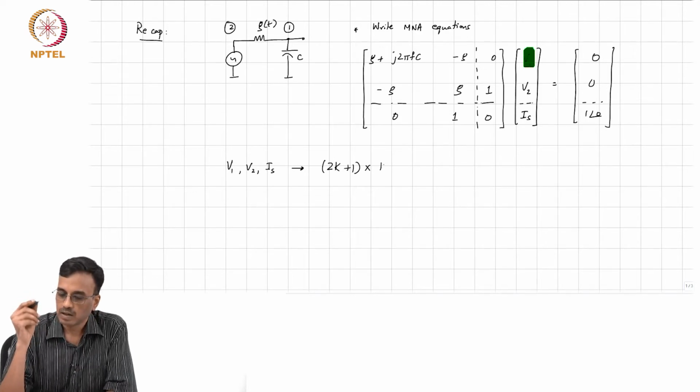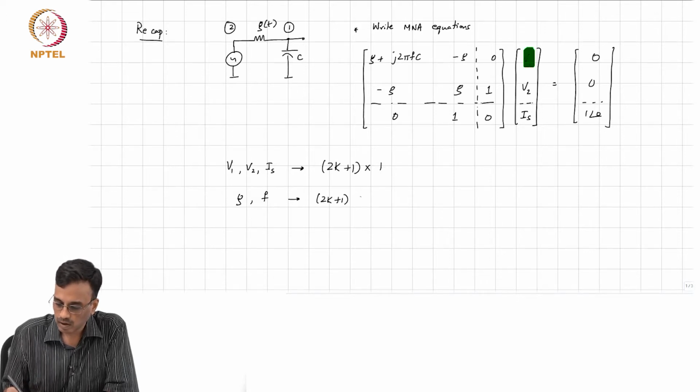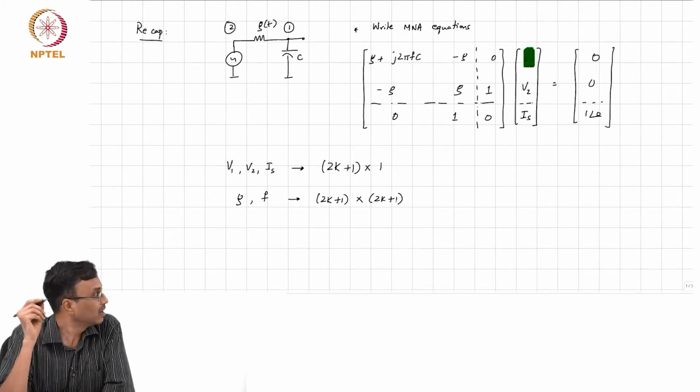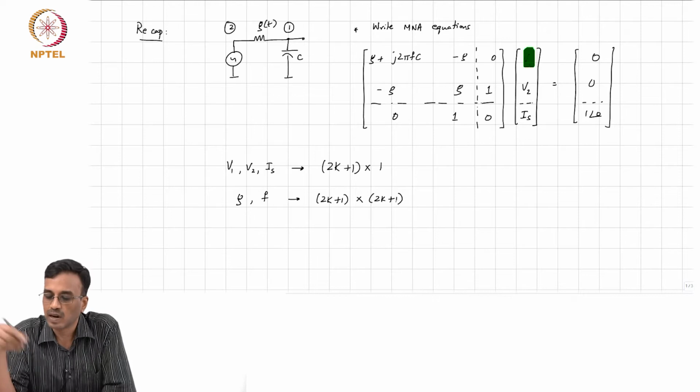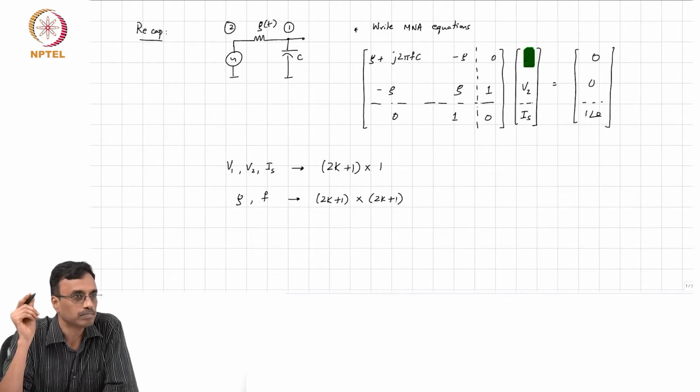And G, F, etc. become 2K plus 1 cross 2K plus 1 matrices, and the zeros and ones on the left and right hand side are square or column vectors of appropriate order.